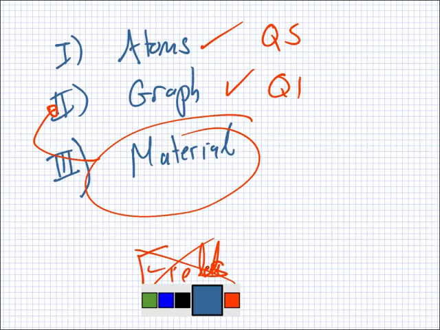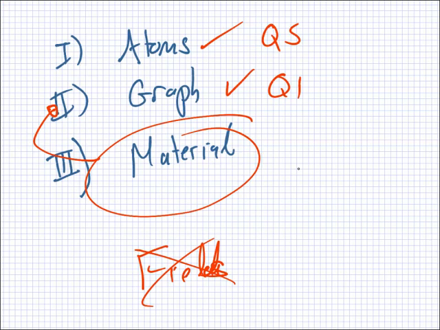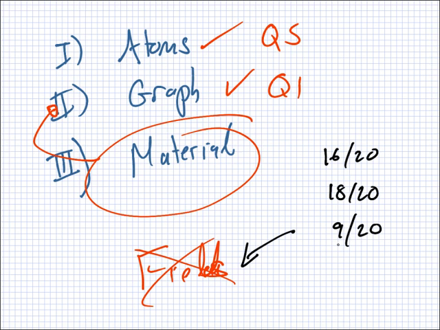I'm not joking. For example, you might have a student who would get 16 out of 20, 18 out of 20, and then if they try the fields question, they'll get 9 out of 20. This is normal.